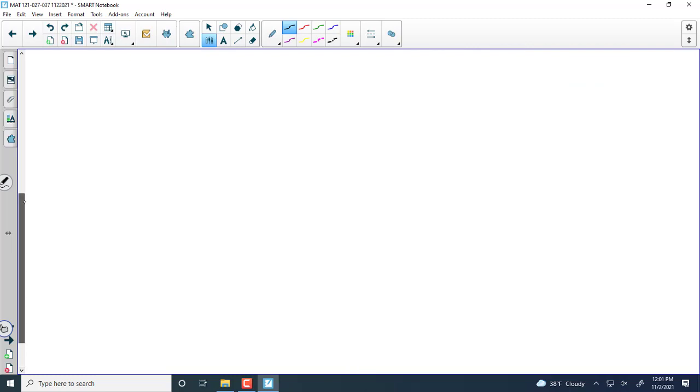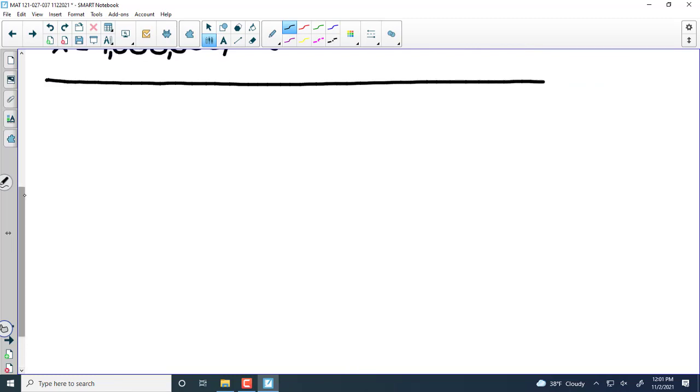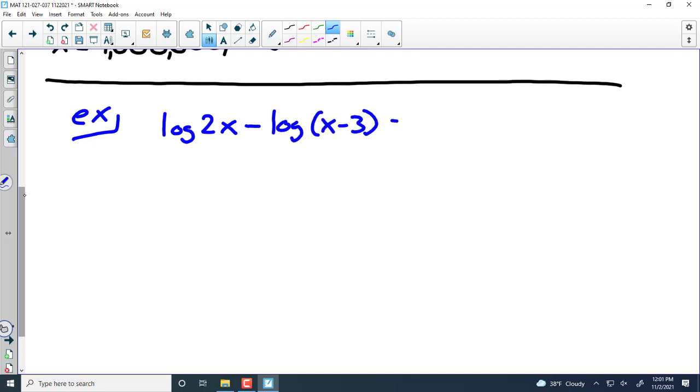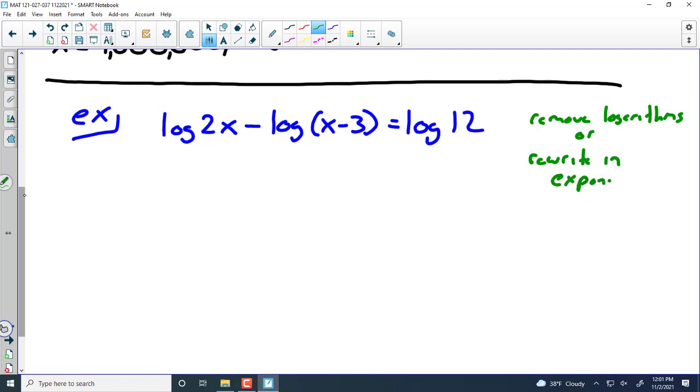Okay. So someone gives me this problem. And it says log of 2x minus log of x minus 3 equals log of 12. Remove logarithms or rewrite in exponential form?